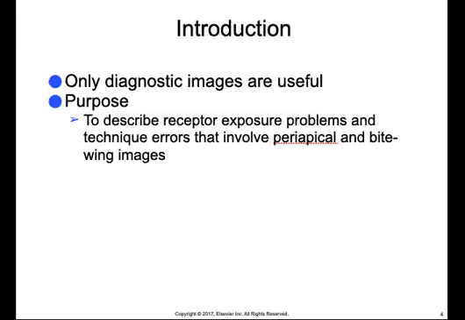So the dental radiographer must remember that only diagnostic images are useful. A diagnostic image is one that has been properly placed, exposed, and processed or retrieved. Whichever type of imaging receptor is used, many exposure and technique errors are possible.